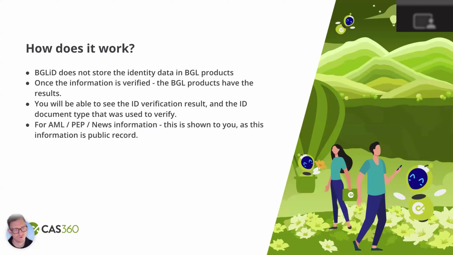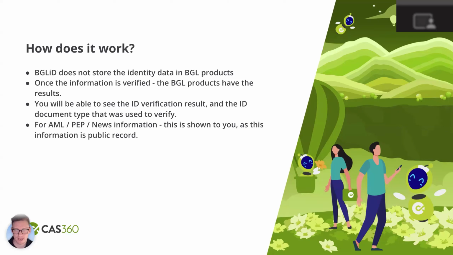We don't have that in your systems. Now I say for now because if AUSTRAC come out and say you must store it, then obviously we'll build the system that stores it. But right now today, we don't store the whole ID, just to make that clear. And you get the ID result with the document that was used.